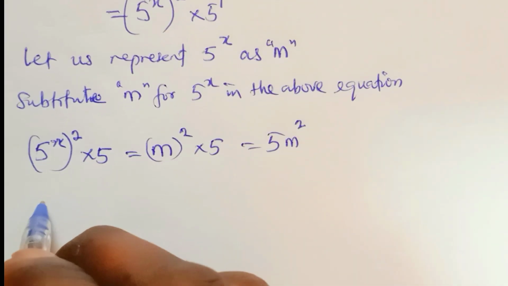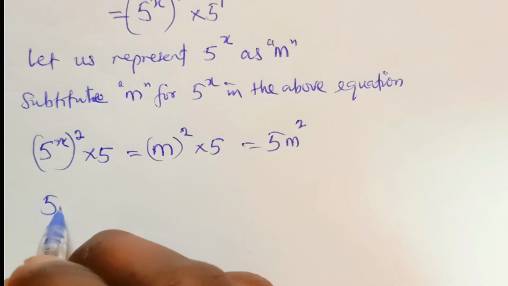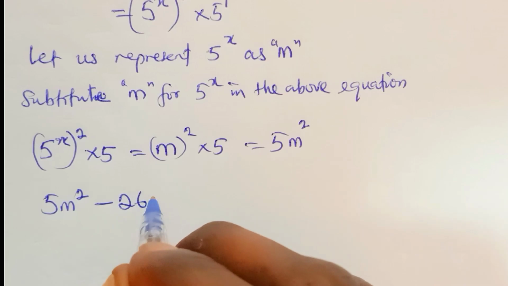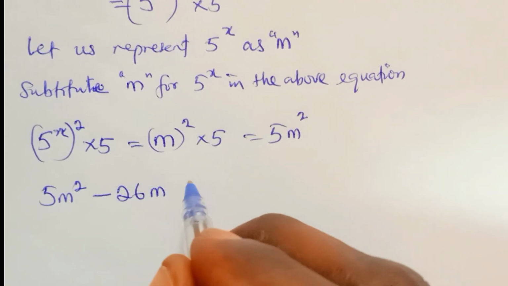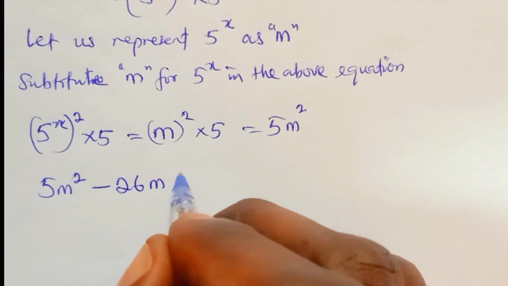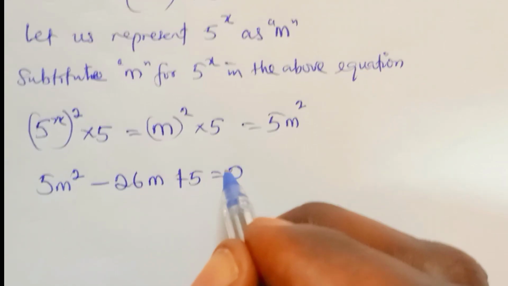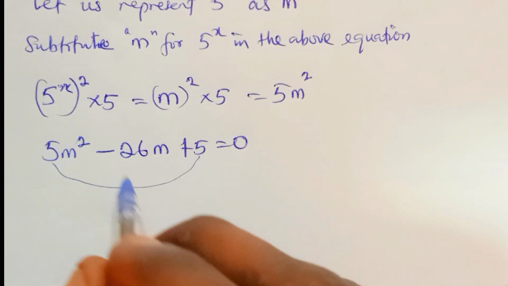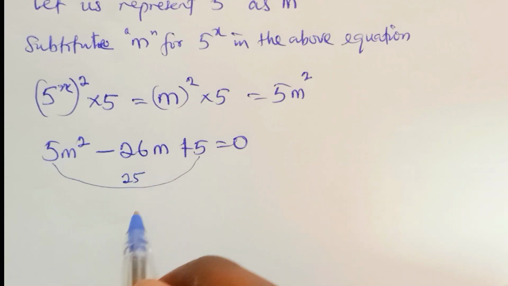So coming back to our equation, we now have 5m^2 − 26m, recalling that m has been represented with 5^x, then + 5 = 0. So multiplying these two together will give you 25.